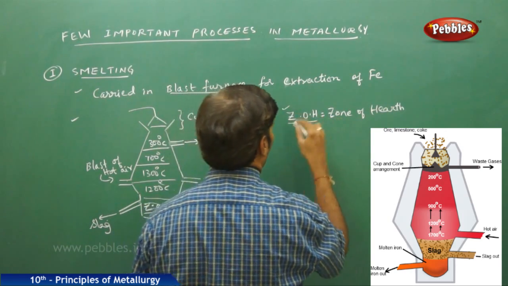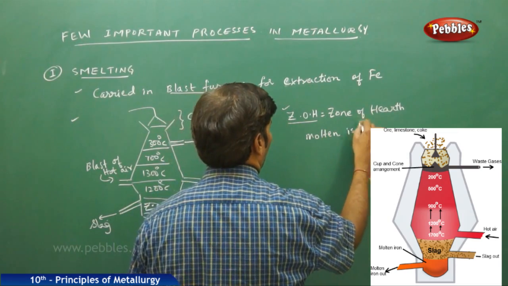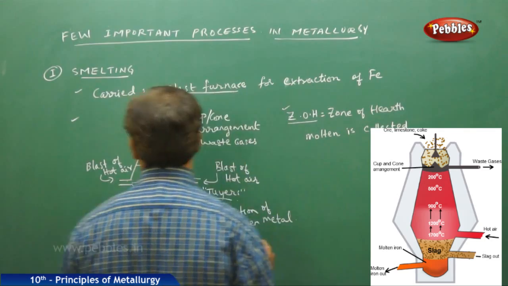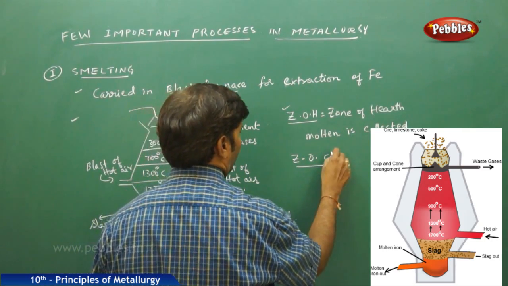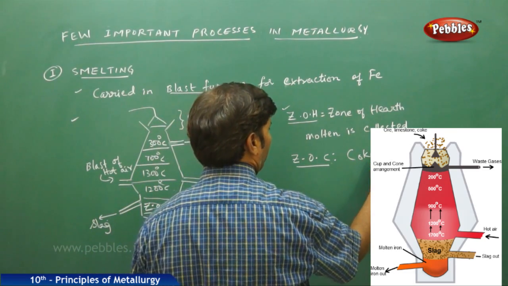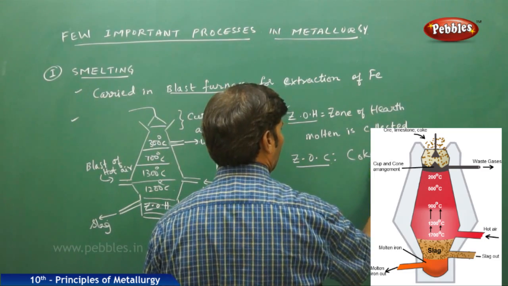In this zone of earth molten metal is collected. Then ZOC, zone of combustion. Here coke is a fuel. Coke is a reducing agent.